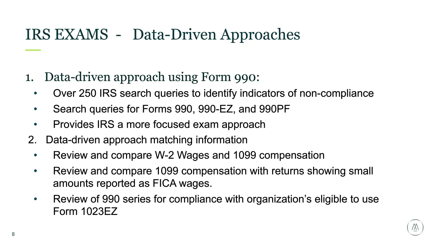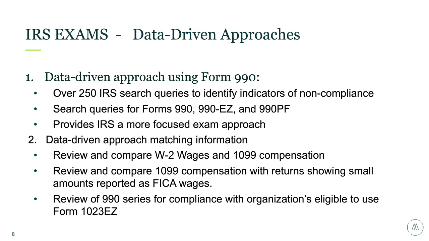And this is a question on the 990, and you've responded yes to that question. Maybe your 990 indicates that you had unrelated business income, but you're not filing the 990-T. Was there an excess business transaction with a disqualified person? You're reporting wages and consulting expenses, but you haven't filed enough W-2s or 1099s.